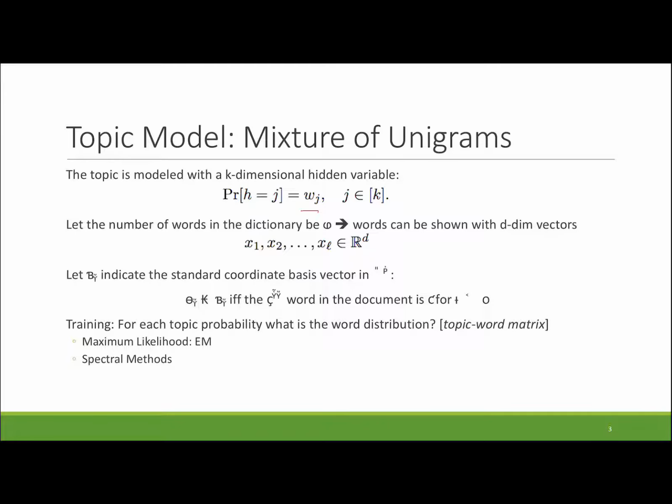Each word in the document is a one-hot representation where I have a 1 at the place where the word occurs and 0 everywhere else. The purpose of training is to recover the topic word matrix as well as these probabilities w_j, right? Like I said, we can use maximum likelihood and EM to train the model and recover these parameters, and we can also use spectral methods.